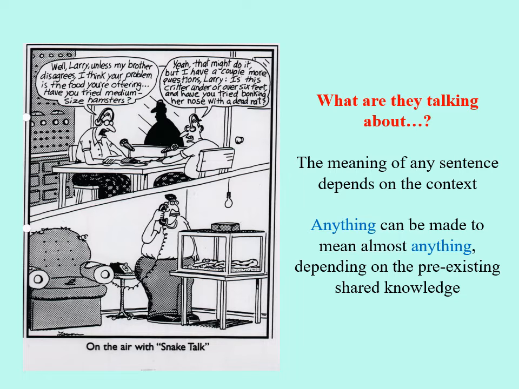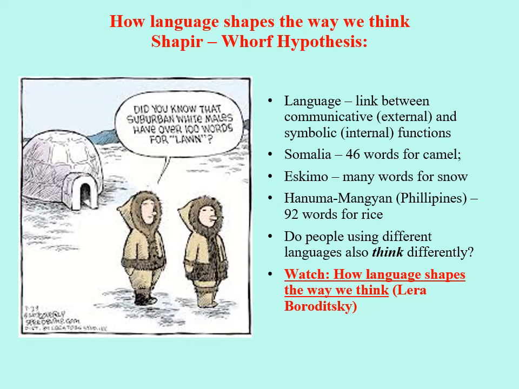Now, next we are going to look at a very interesting and important feature of language, and that is the strange relationship between language as the medium of social communication and language as the medium of internal thought. There is a link between communication, the language we use on the outside, and thinking, the symbolic use of language for internal information processing.